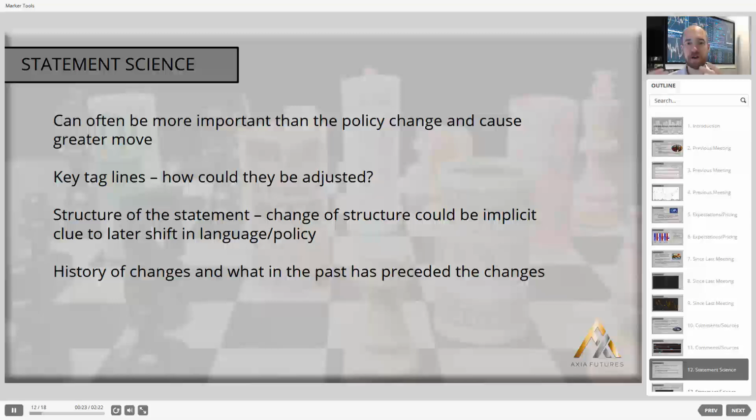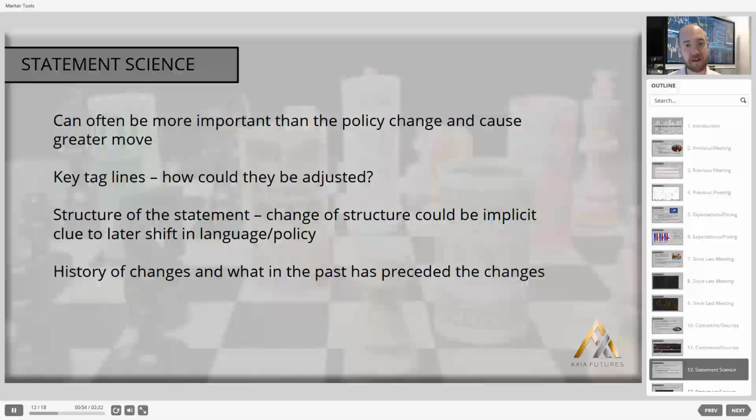So it's understanding how these statements are built that allows you to start sifting through them and look for certain areas that are changing or implying something. They will often use certain phrases and certain areas of their statement to tell you more about what's going forward. This can often, and in the ECB's case has often been, more important than the actual policy change, as I mentioned earlier with the use of the phrase strong vigilance.